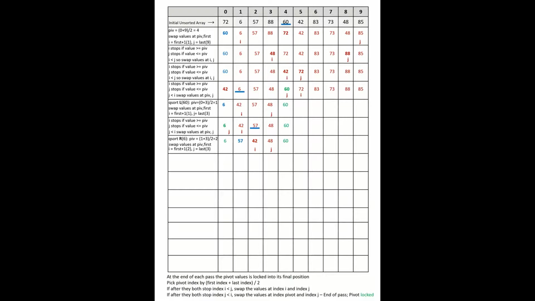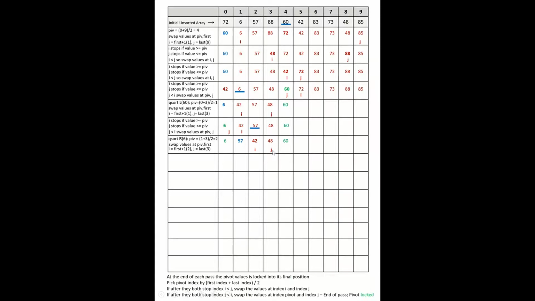Okay, and I marches to the right and tries to find greater than or equal to the pivot, 57 in this case. J marches to the left and tries to find less than or equal to the pivot. So in this case, I will go past the edge of the array. Basically it will exceed the size of the array.